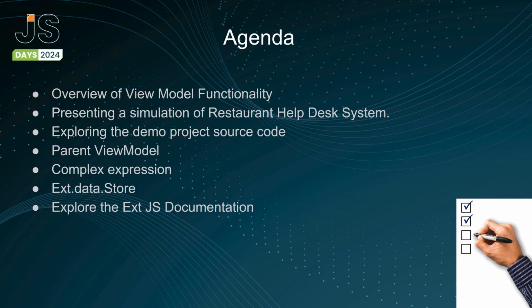We'll be seeing about Ext.data.Store and how we can use it to show and hide items or components in our view. And also, we will explore the ExtJS documentation about ViewModel.